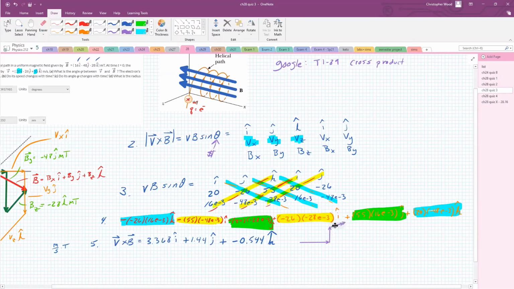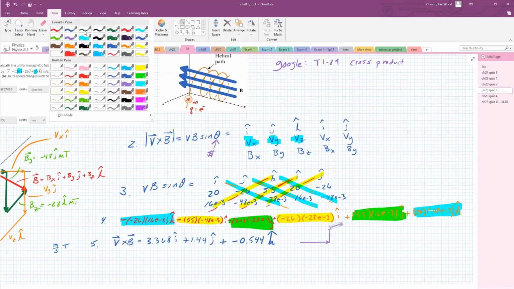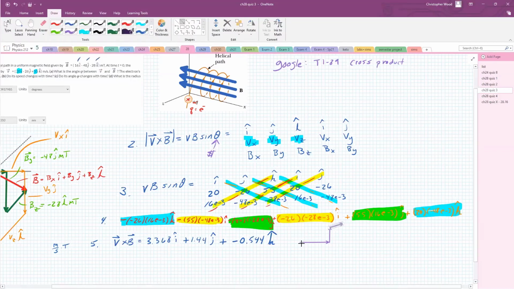This is my resultant vector. It actually looks like this red vector right here. This is my resultant V cross B. It's in some complicated direction, not a simple direction. It's not in the XY plane or the YZ plane. This is the result of V cross B.